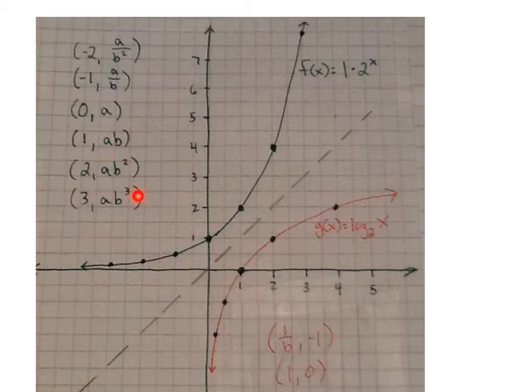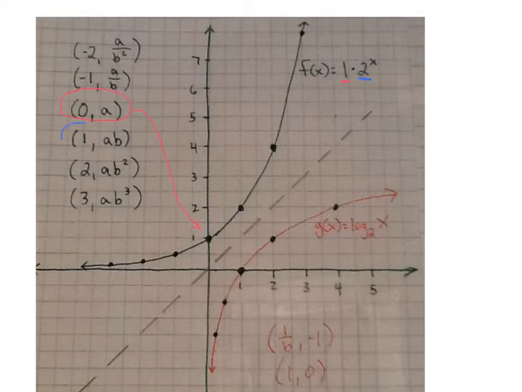So with an exponential function, our first ordered pair is our y-intercept, which occurs at 0, a, and in this case a is 1. So 0, 1 is our y-intercept. Every time we move to the right, we're going to multiply that value, the 1, by our b. And since b is 2, we multiply it by 2.